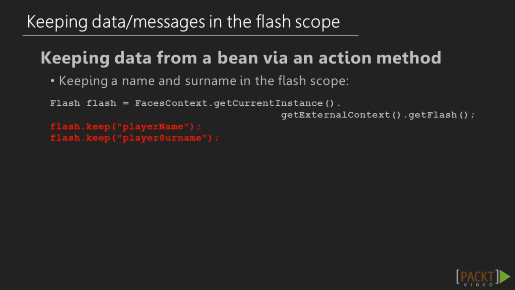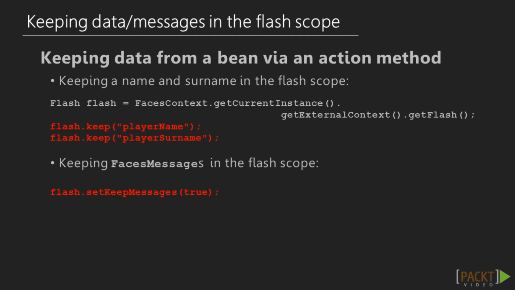As you already know, the data stored in the flash scope will survive across a single redirection. Well, if we want to instruct JSF to keep this data across one more redirection, then we can use the keep method and pass to it the key that corresponds to the value that must survive to the next redirection. For example, we can keep the player name and surname as in this example.